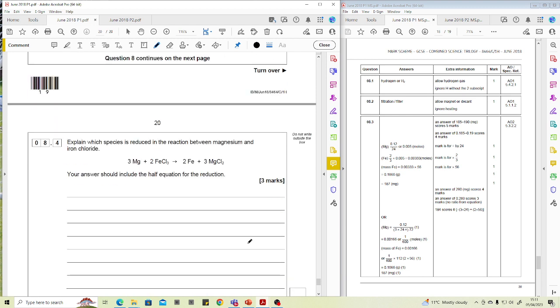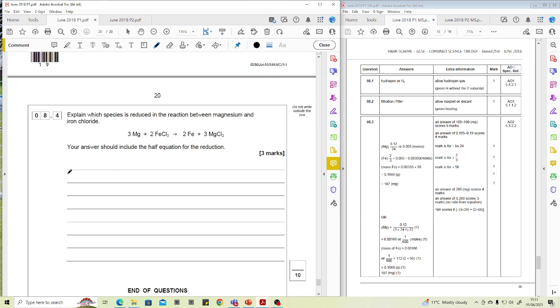Okay. Question 8.4, our last one. Explain which species is reduced in the reaction between magnesium and iron chloride. So oxidation and reduction. Oxidation is loss, reduction is gain, and we're talking about electrons. So let's have a look. This is an element, and then it turns into a compound.